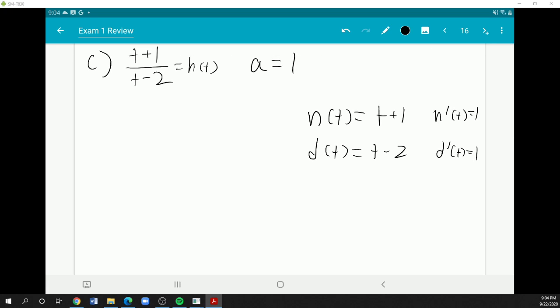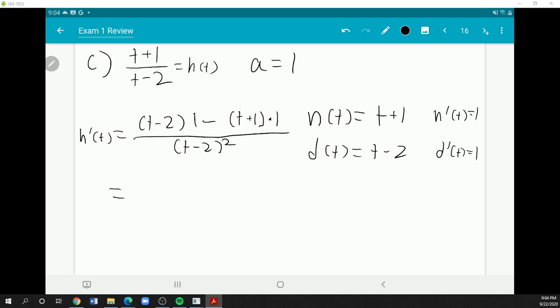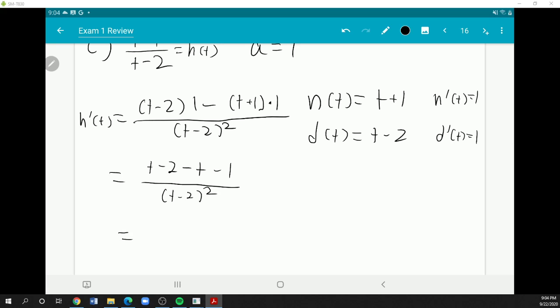So I have h prime of t is low d high. So d of t times 1 minus n of t times 1, over the bottom squared, equals t minus 2 minus t minus 1, distributing the negative, equals minus 3 over t minus 2 squared.